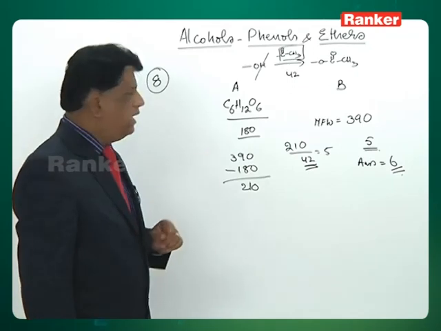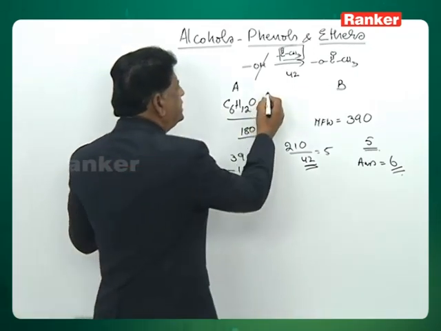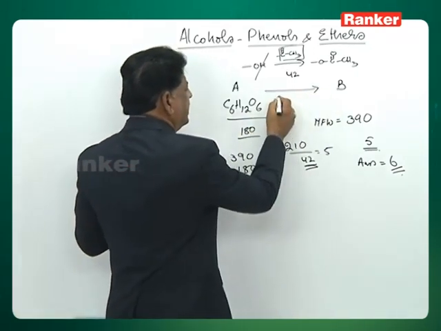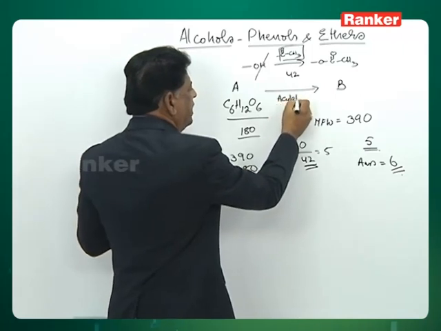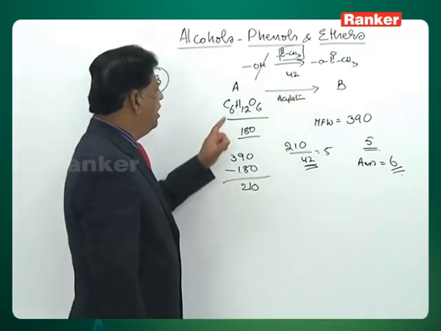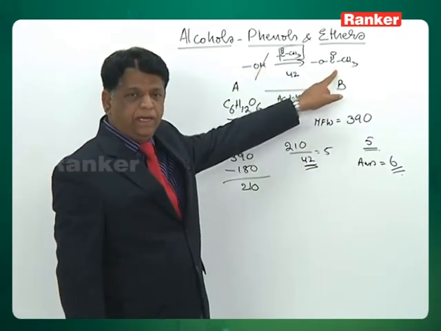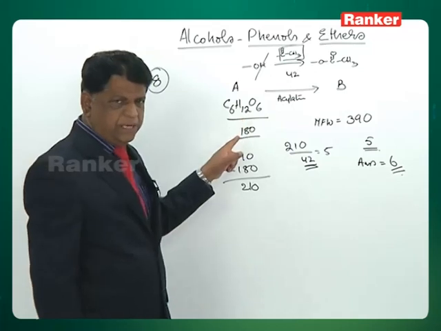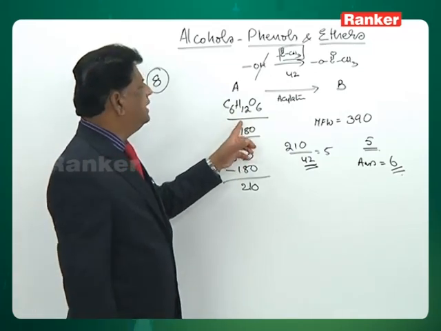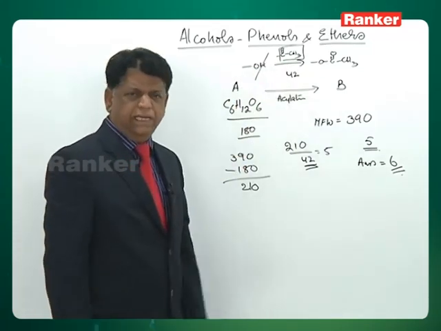In this question, an unknown compound A is treated with acetylation. In the acetylation, what happens? All the OH groups become acetylated. He didn't say how many OH groups there are, but you can guess that hydroxy groups become acetylated.